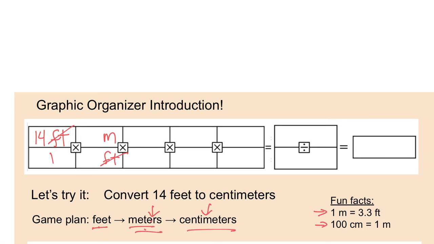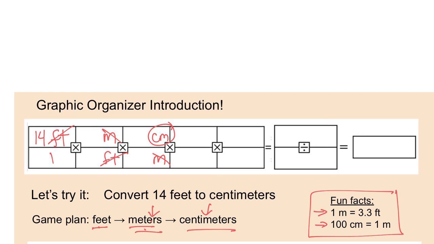I want centimeters. So now I need to go from meters to centimeters. And remember, I'm not putting in any numbers right now. I'm just putting in the units so that I have the setup of the problem. To get rid of meters, I need meters on the bottom, but then I'm going to centimeters, so centimeters is on top. Those meters cancel, and I'm left with centimeters, and now I'm going to be happy.